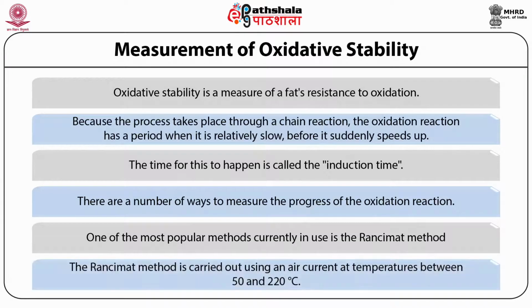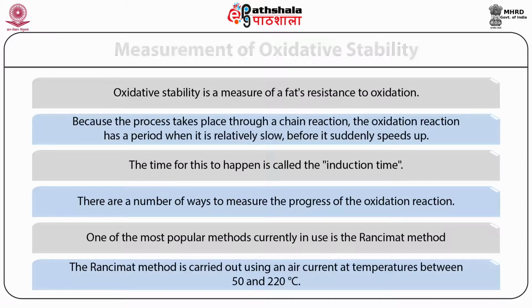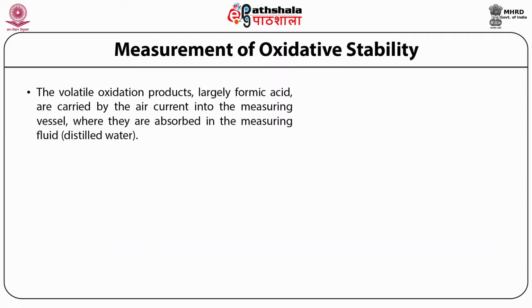The Rancimat method is carried out using an air current at temperatures between 50 and 220 degrees centigrade. The volatile oxidation products, largely formic acid, are carried by the air current into the measuring vessel where they are absorbed in the measuring fluid, which is distilled water.